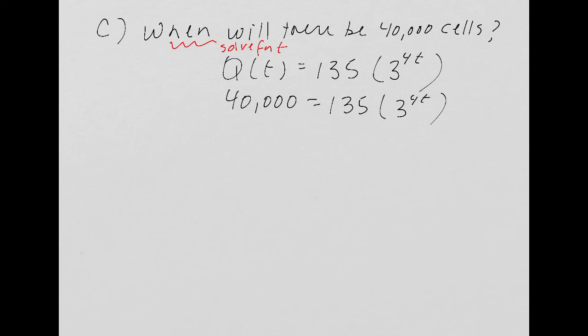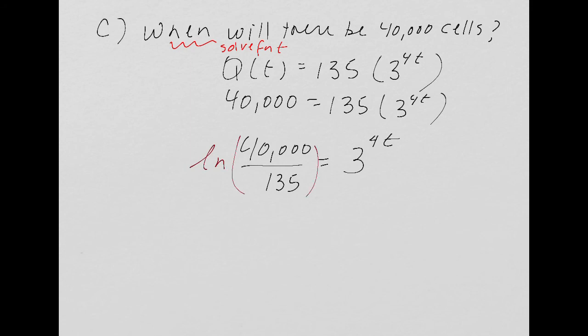Now the numbers are different than part B, but the moves are the same. What I'll do to start is divide both sides by 135. And you can actually divide it or just leave this symbolically as a fraction and let Wolfram Alpha deal with it. Now the thing I want, that t, it's trapped up in the exponent, and so the thing that will help me liberate it is a log.